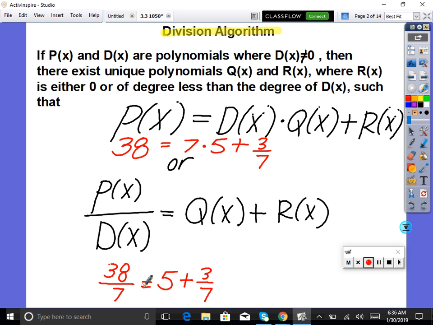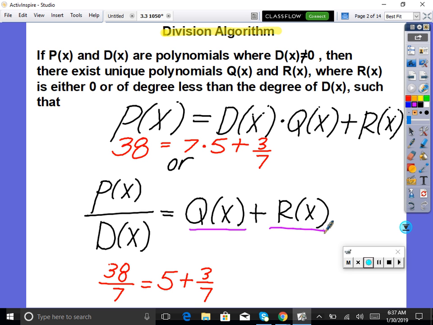We have to be able to understand some definitions here. It says, then there exists a unique polynomial q of x and r of x where r of x is either 0 or of a degree less than the degree of d of x.